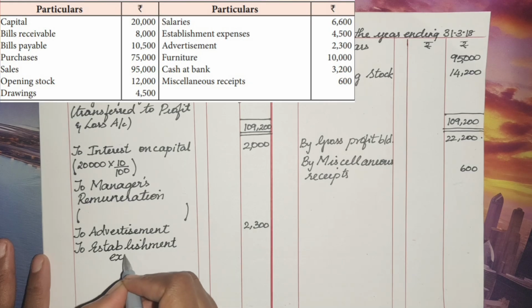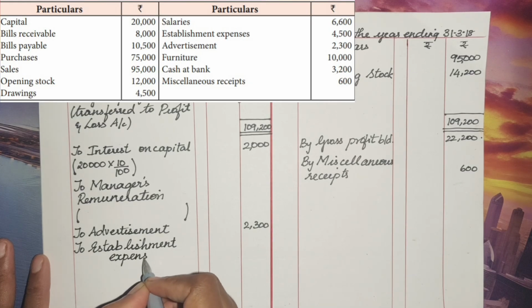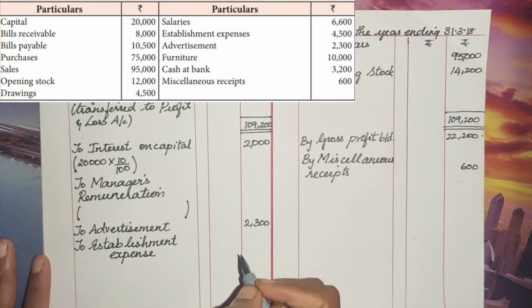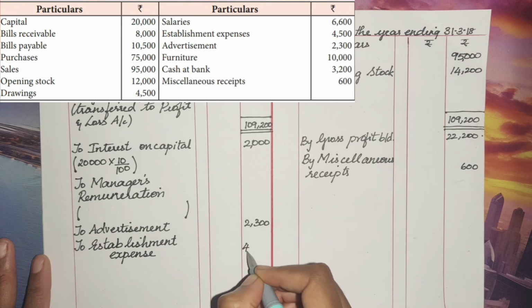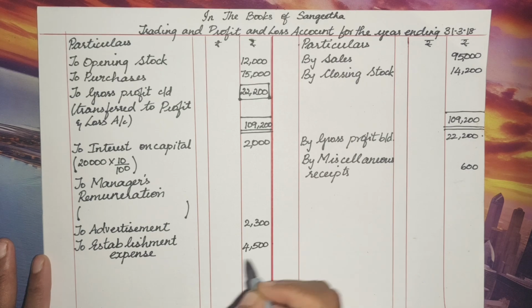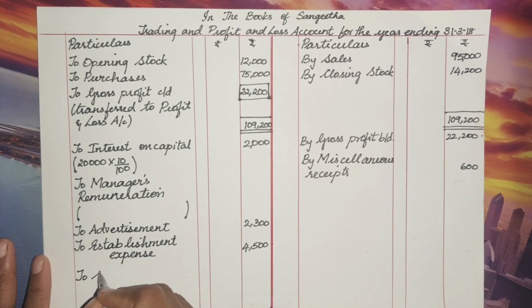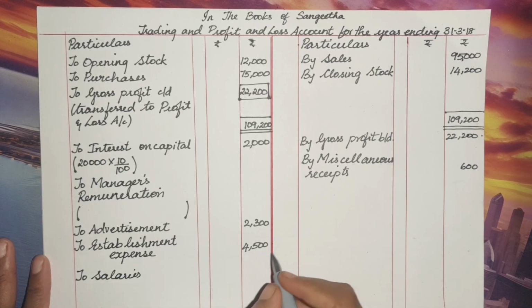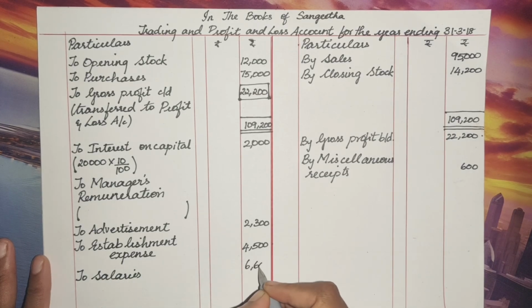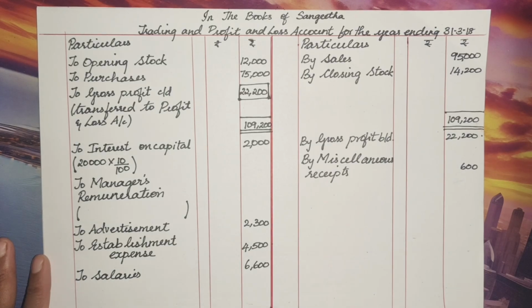Make a note, all these non-adjustment items, that is items that do not have an adjustment, have to be written in the outer column because they do not have anything to add or subtract, so we can directly write them in the outer column.